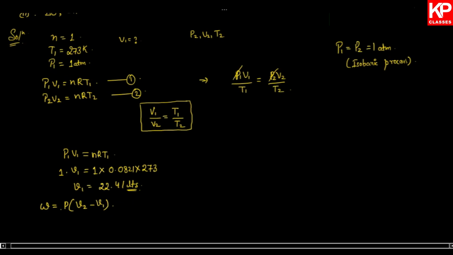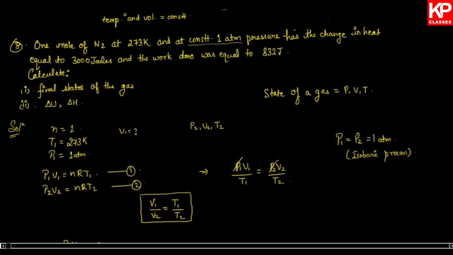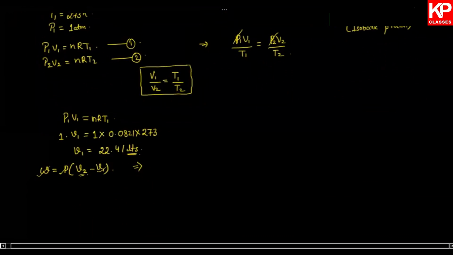Now we know the value of pressure and the value of V1. We can directly calculate V2, as we also know the work done. So try solving this. The work done is 832 joules.